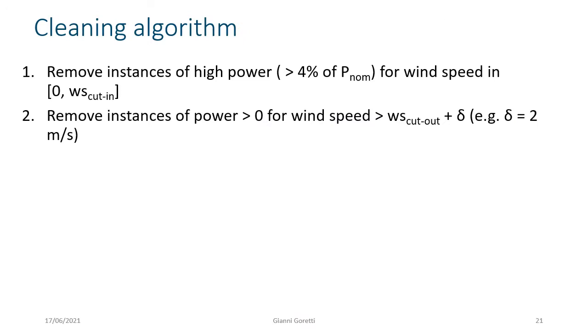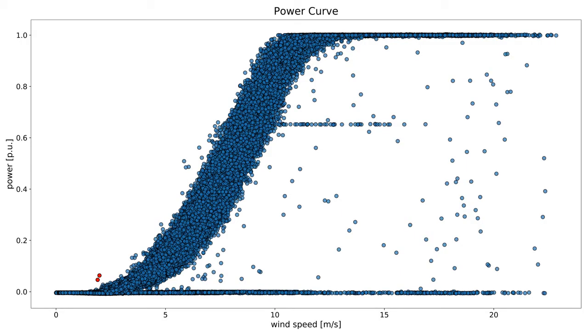Next, the periods where there is positive power when the wind speed is above the cut-out wind speed are removed. In this example, there is no such data, but they will appear to the far right of the power curve distribution.